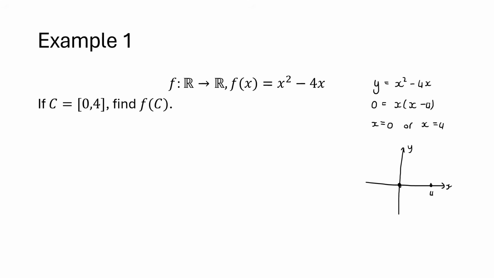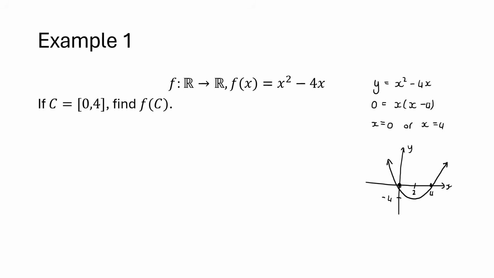It's an upward facing parabola. The turning point will be right in the middle of the two x-intercepts, at x equal to 2. If x is equal to 2, then y will be 4 minus 8, so this will be at height minus 4.